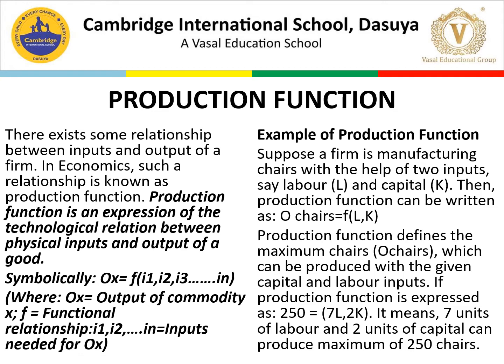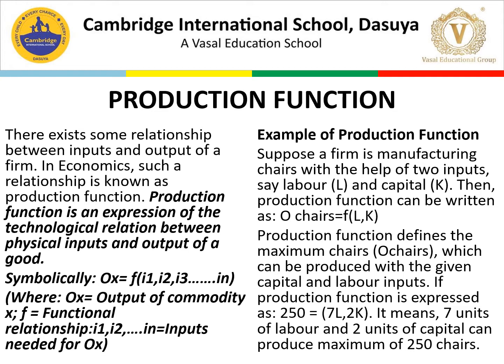In economics such a relationship is known as production function. So what is that? Production function is an expression of the technological relation between physical inputs and output of a good. Symbolically, we are producing output of X good. So X commodity we are producing. For producing X commodity, we need inputs 1, 2, 3.